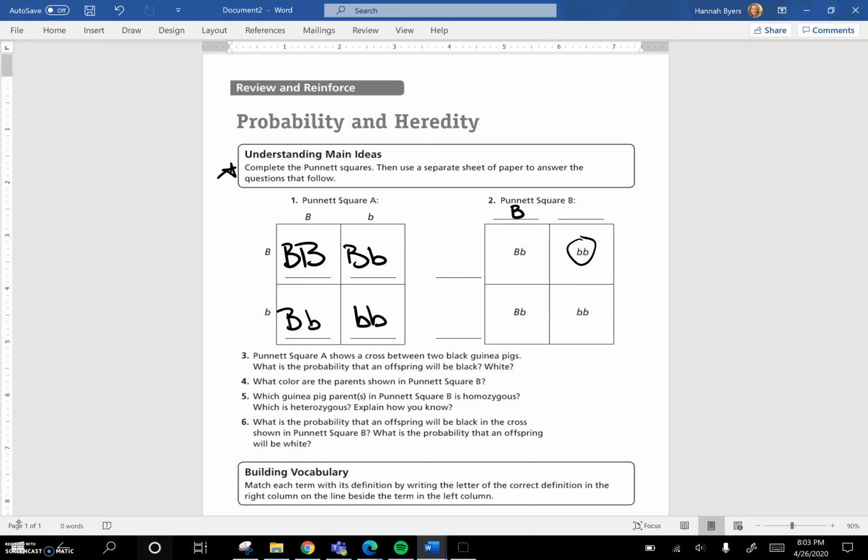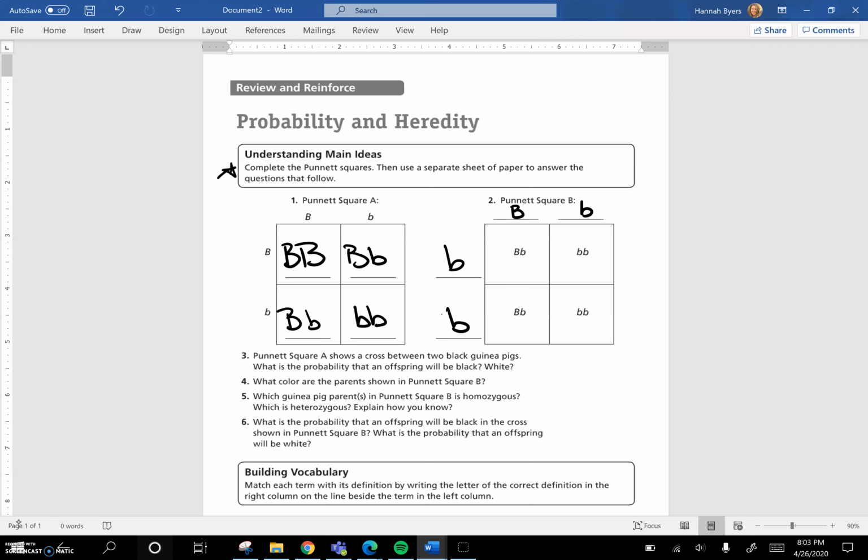And then we have 2 lowercase in these 2 boxes here, so this has to be lowercase because we're filling it backwards. That has to be lowercase, and this one has to be lowercase because of what's in the box. And then that means that this one also has to be lowercase because this parent gave their dominant, so this parent had to give that recessive.